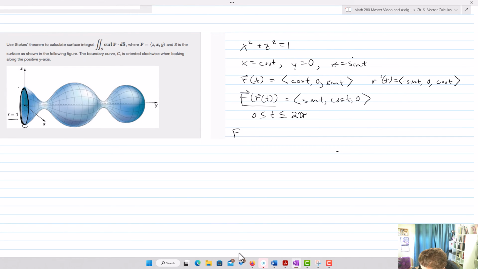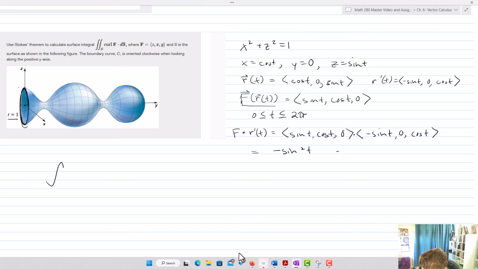So f dotted with r prime of t is sine t, cosine t, 0, dotted with negative sine t, 0, cosine t, and that ends up equaling just negative sine squared t.